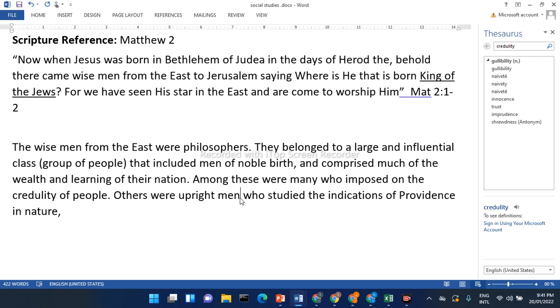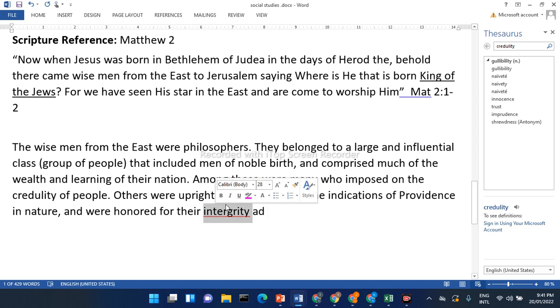Some of them were unrighteous and bad, and others were upright, more studious men who looked at what God has done in nature, in the stars and the heavens. These upright men who studied the indications of providence in nature were honored for their integrity and wisdom.